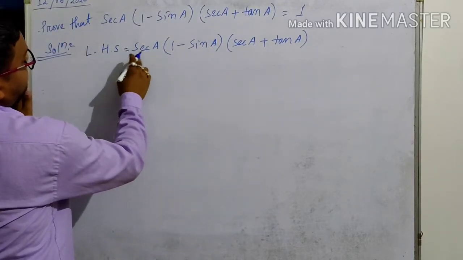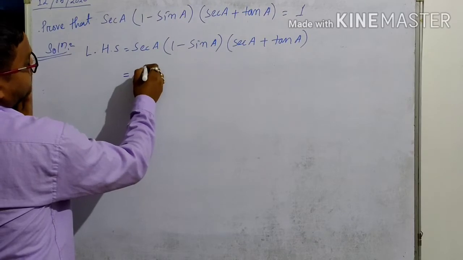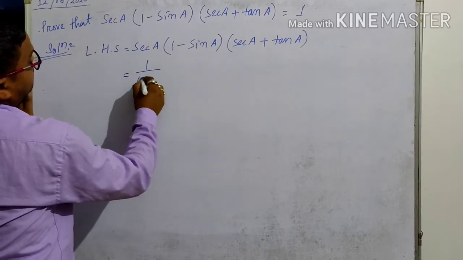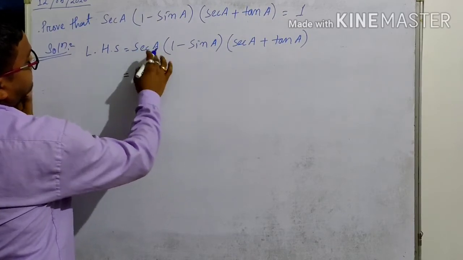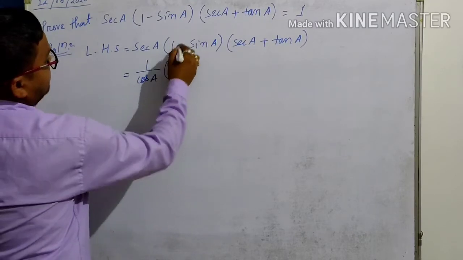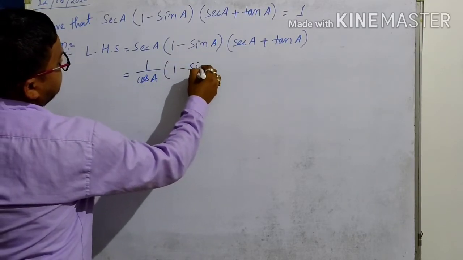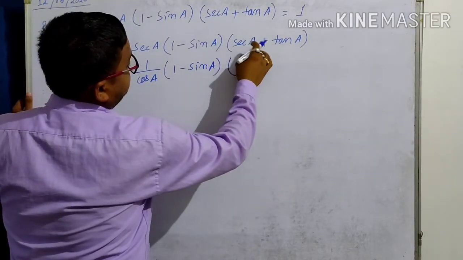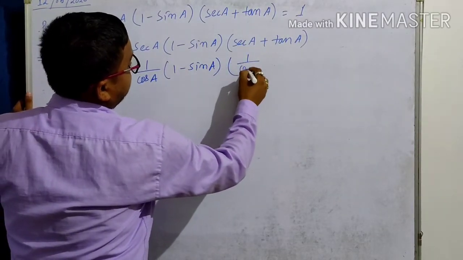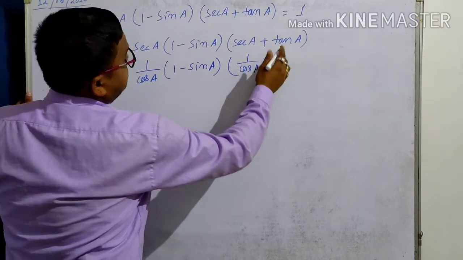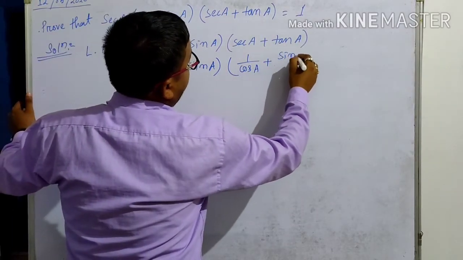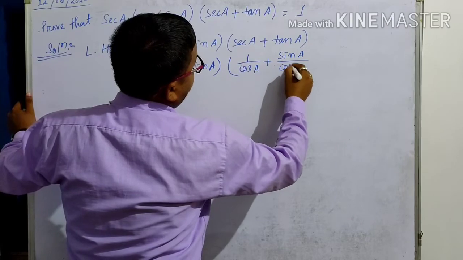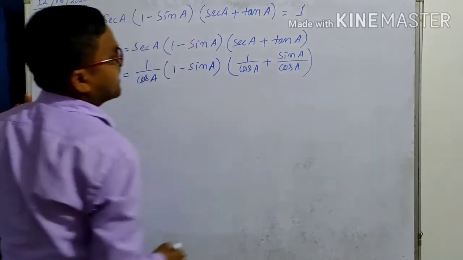So now you can write sec a in terms of cos a, that is sec a is equal to 1 by cos a. Now here 1 minus sin a. Again you express this sec a in terms of cos a, and tan a we can write as sin a by cos a, according to the identity.